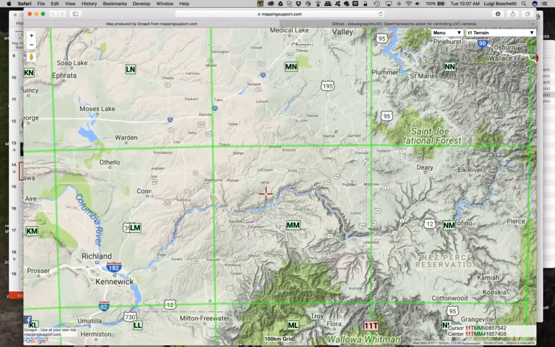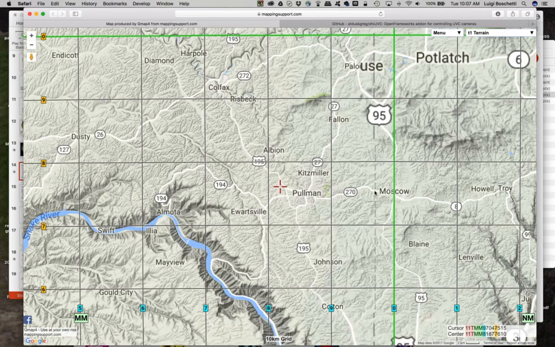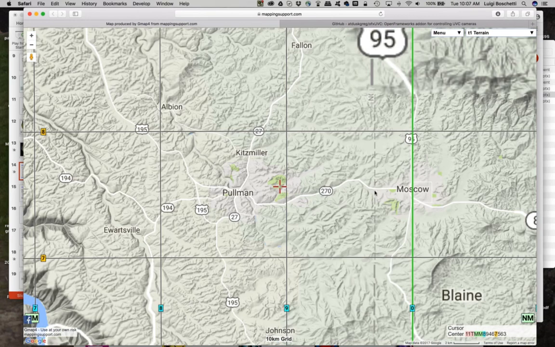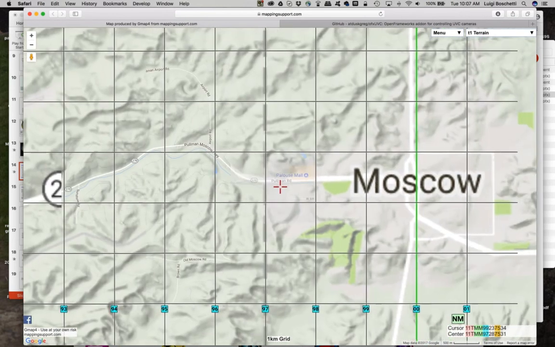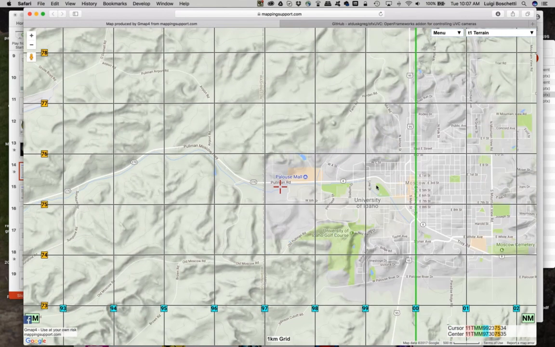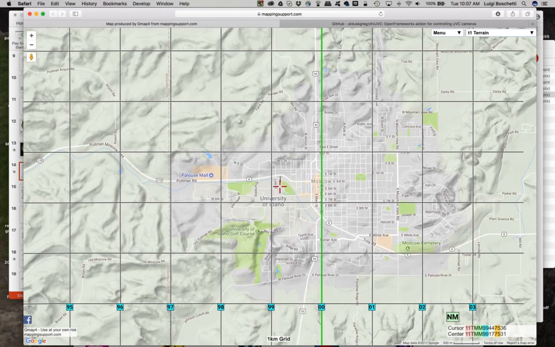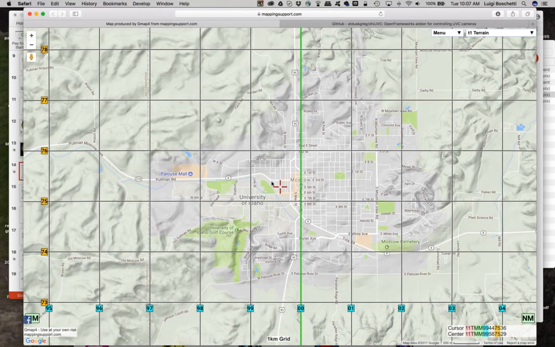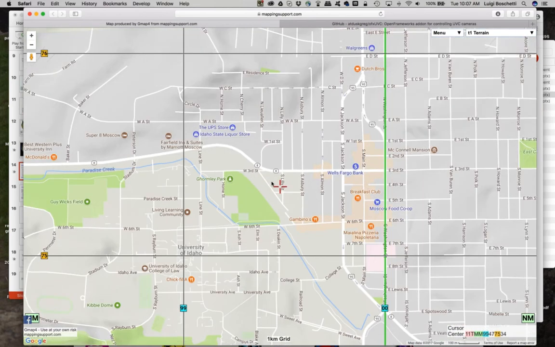We will keep zooming in. See that Moscow is just at the boundary between two cells. Now we start having some finer grids appearing. Those are metric grids, so they represent our coordinates in multiples of meters.